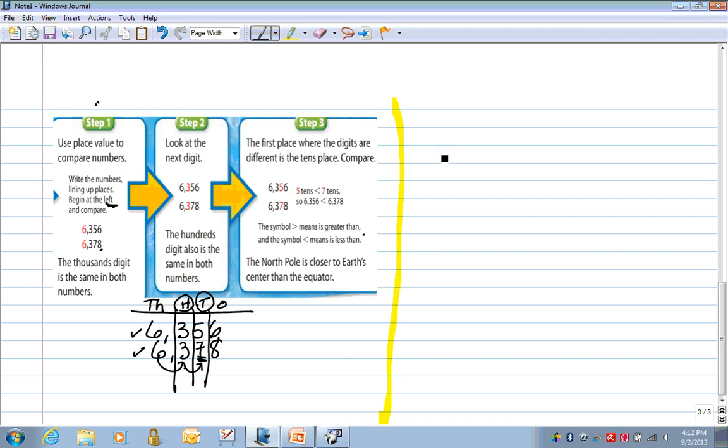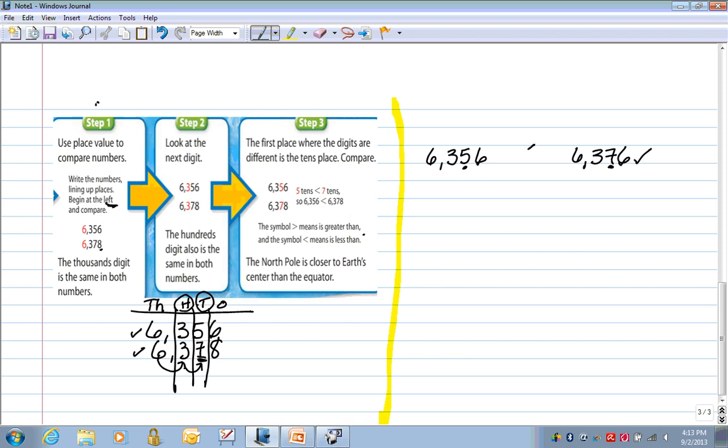Let's go on the right hand side of our two column notes. If I have my first number 6,356 and I have my second number 6,376, we decided that this number right here is greater because of the 7 in the tens place. That's 70, and this is 5 tens or 50.